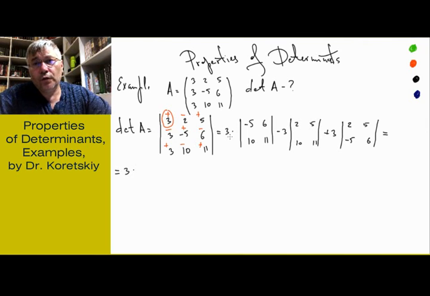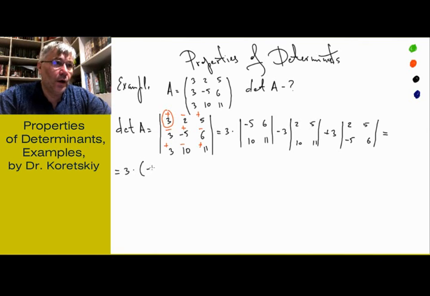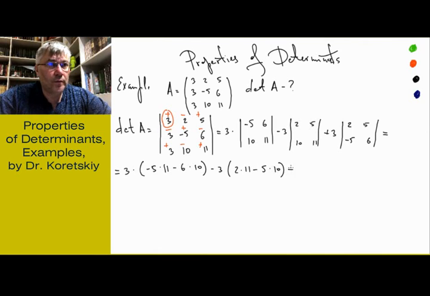For a 2 by 2 matrix, it is very easy to calculate the determinant. We have minus 5 times 11, minus 6 times 10, minus 3 times, here we have 2 times 11 minus 5 times 10. And the last one, 3 goes 2 times 6 minus 5 times minus 5.